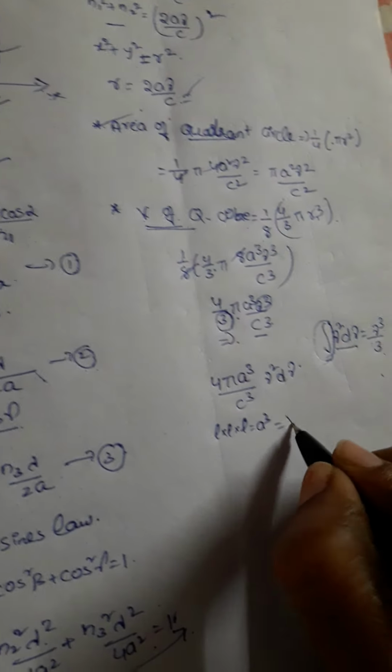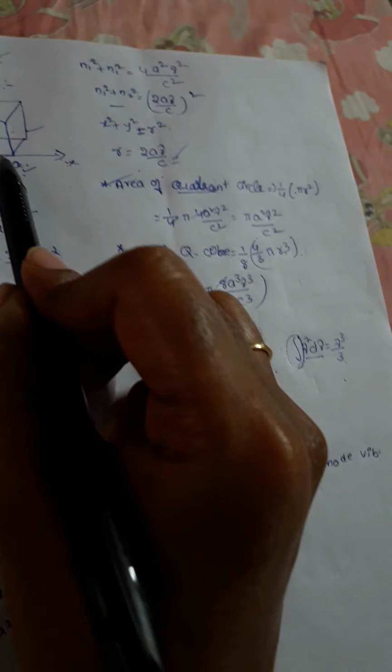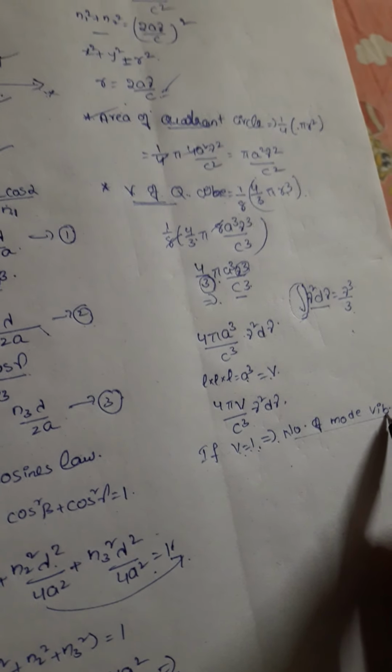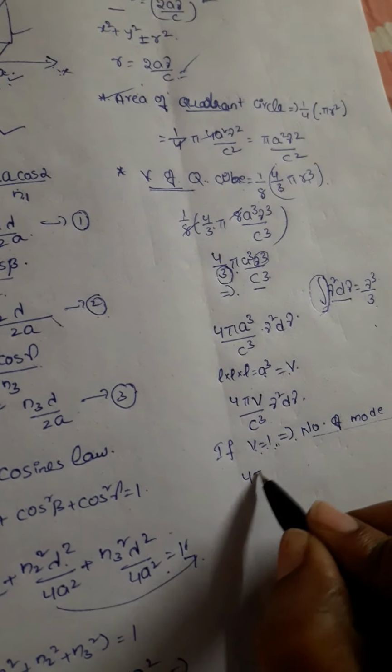Here if V equals 1, it gives the number of modes of vibrations of the considered cube. Take this value and substitute here. That is 4π by c³ μ² into dμ. Very, very important point: here we are considering the kinetic theory. This kinetic theory belongs to electrodynamics. What does kinetic theory mean?